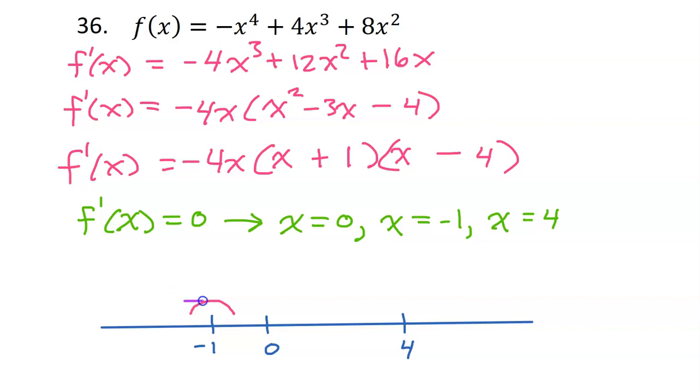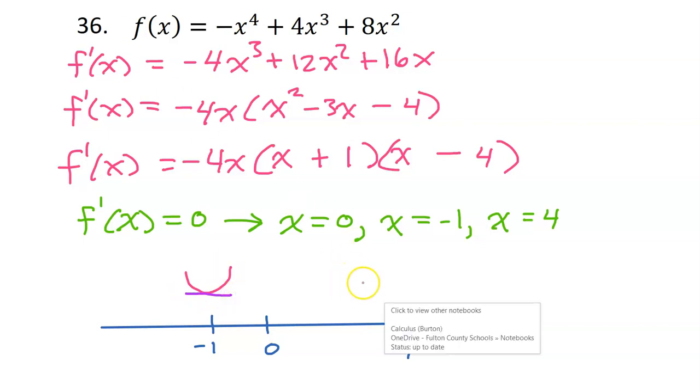But the thing is, we know there's a horizontal tangent line, but we don't know if it's at the top of a hill like this, which would make a relative max, or is the horizontal tangent line at the bottom of a valley like this, which would make it a minimum. So you know what would help us out?